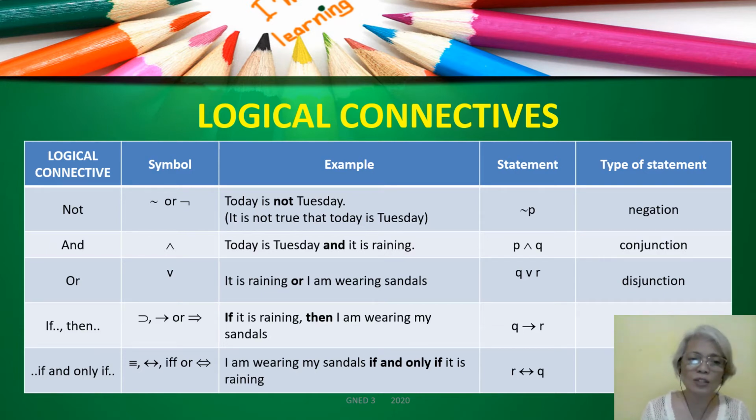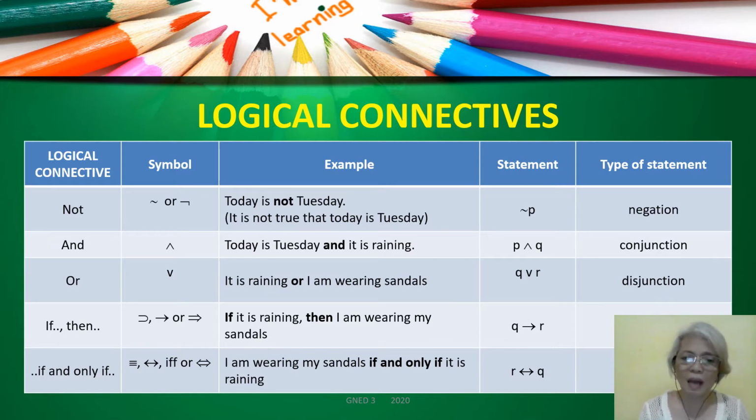And then the last one is if and only if, which is a biconditional. So we have a conjunction when we see and, a disjunction when we see or, a conditional or an implication when we see if-then, and a biconditional when we see if and only if.